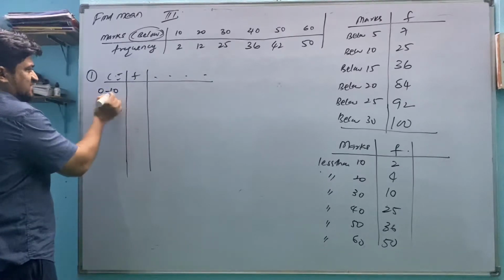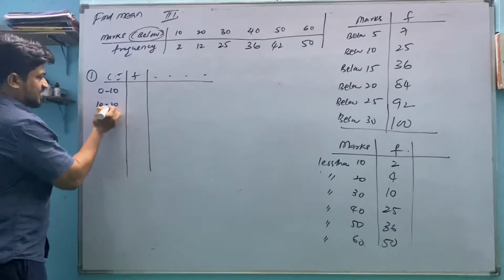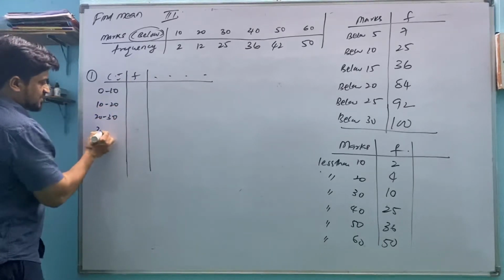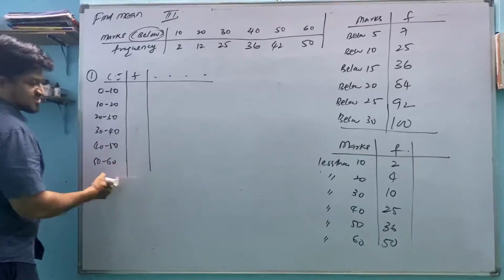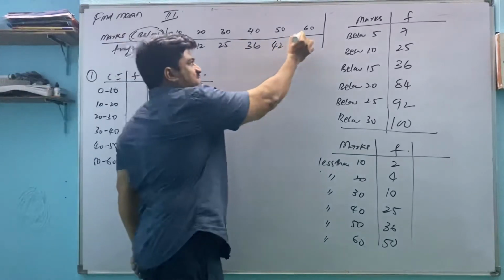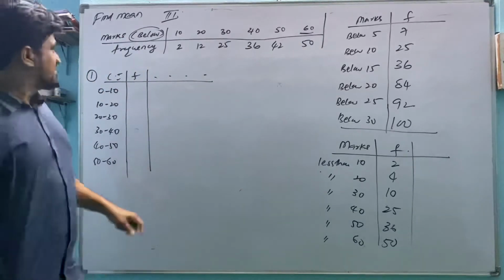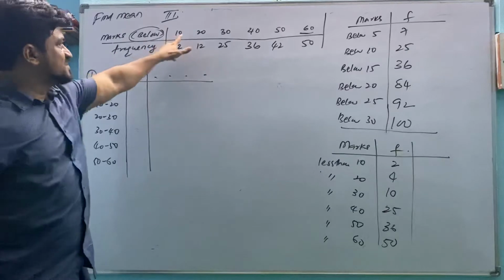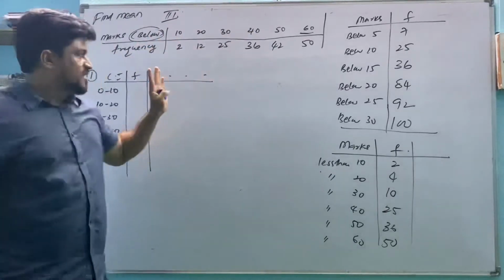Once you find this first class, you can go up to 60. 10 to 20, 20 to 30, 30 to 40, 40 to 50, 50 to 60. Why not 60 to 70? Because below 60 means 50 to 60. First step. Got it? Below 10 means I have to start from 0 to 10, then till 60.